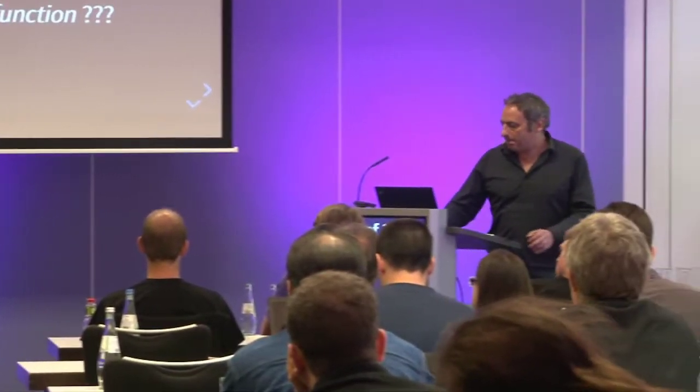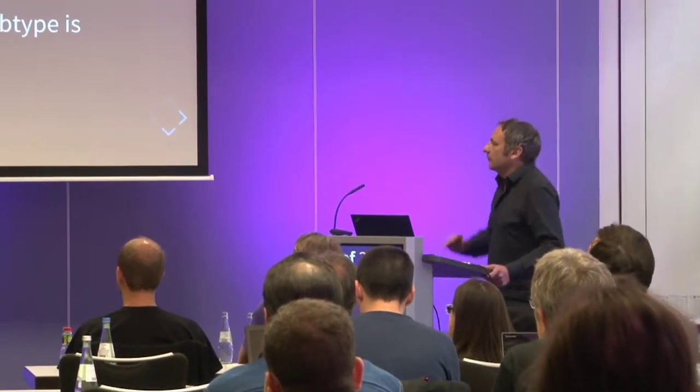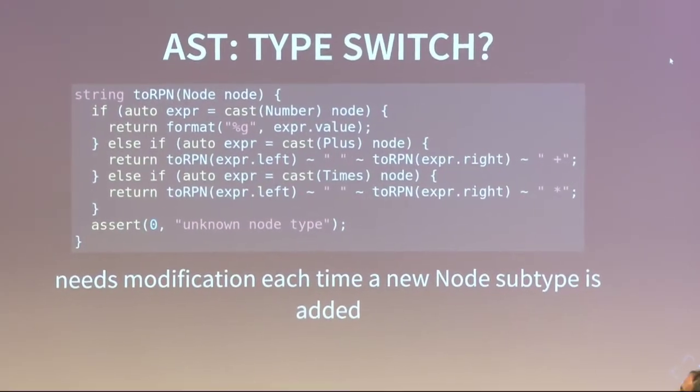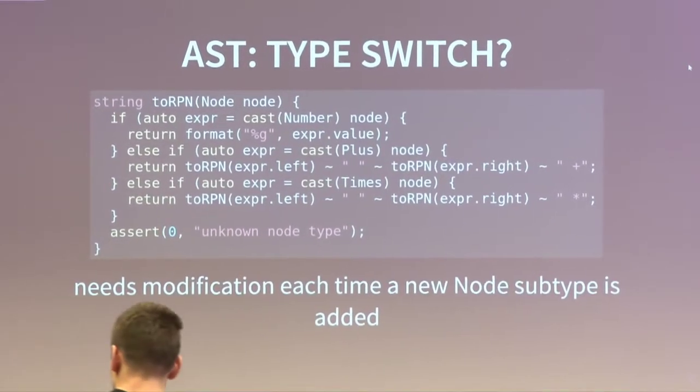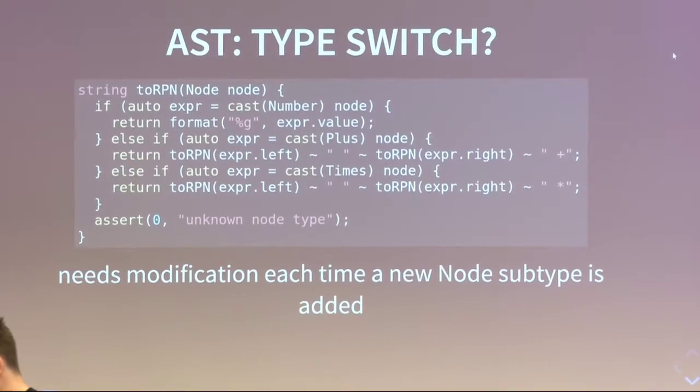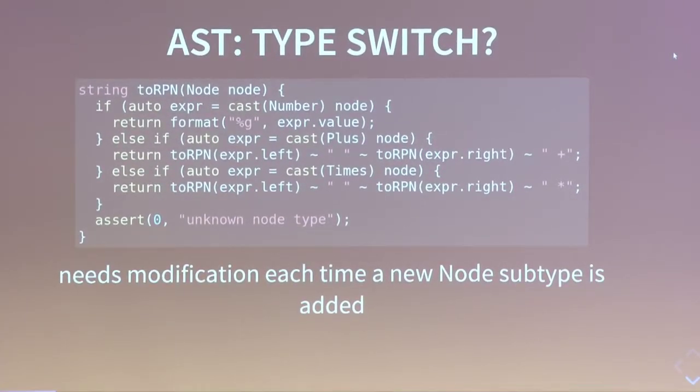So people have tried to imagine alternatives to this. I'm going to go over them. One is the ugly type switch. So we go over all the possibilities. We try to cast the node into a number. If it works, we extract the value. If we can cast it to plus, okay, the code is there.